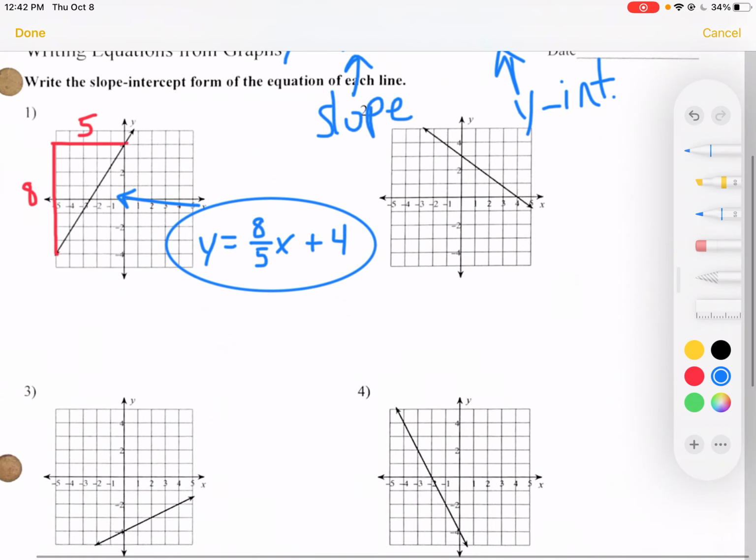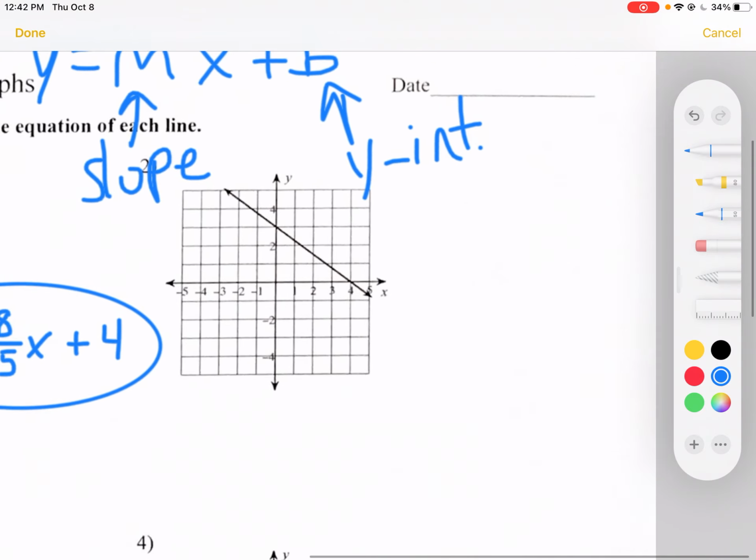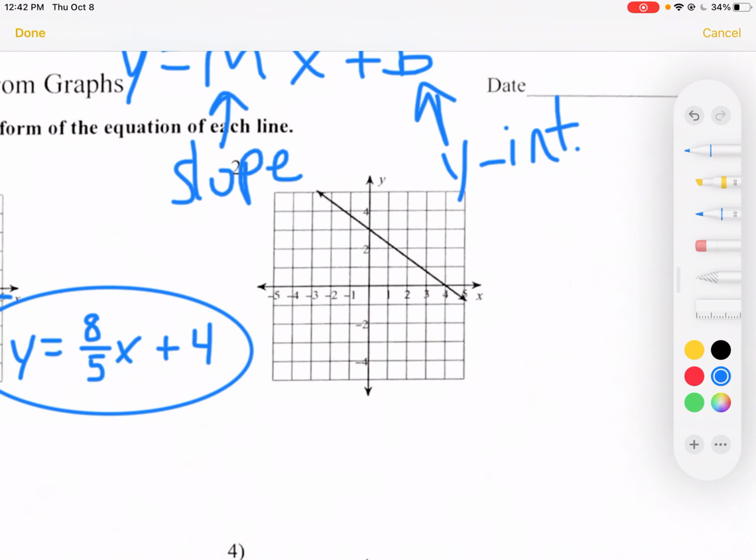Okay? So take a look at number 2 with me. I have a y-intercept. Can you identify what the y-intercept is? If you said 3, I agree with you. Now I have a slope that's going downhill here. It's going down from left to right, so I should expect my slope to be negative.